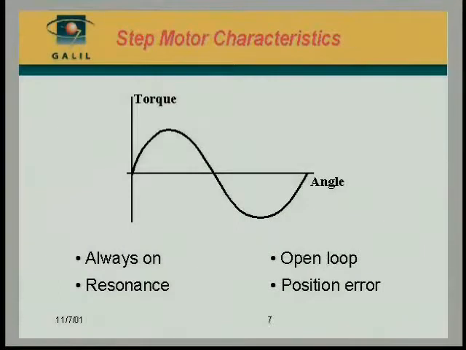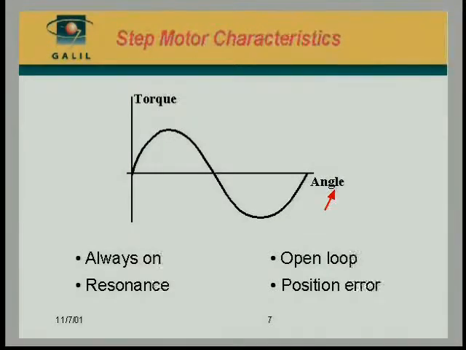Now, let's consider some characteristics of a stepper motor. The first one is that it always has to be turned on. A stepper motor produces a torque that is a sinusoidal function of the position. But because a stepper motor runs open loop, we don't know when we need a torque.